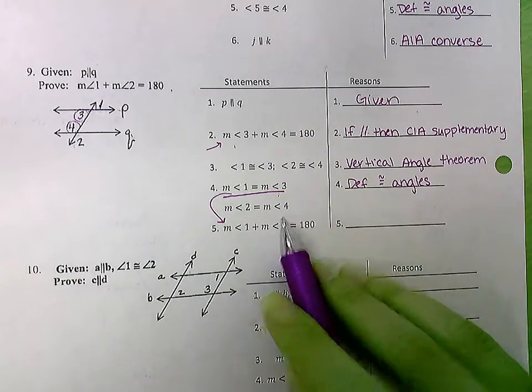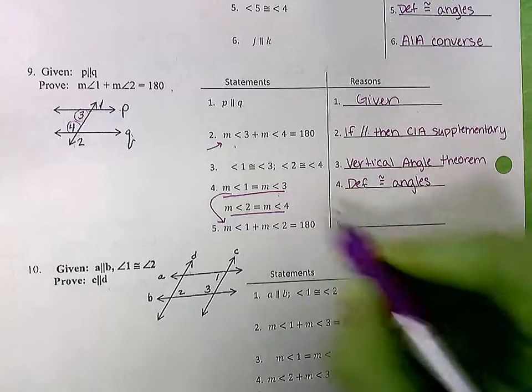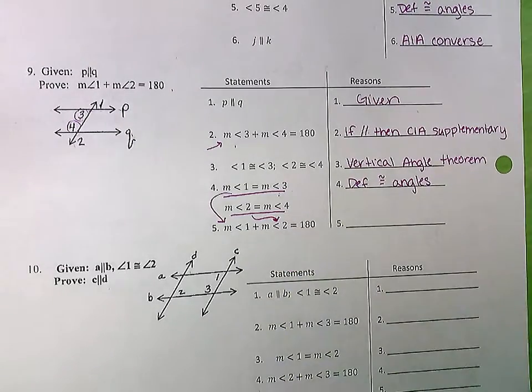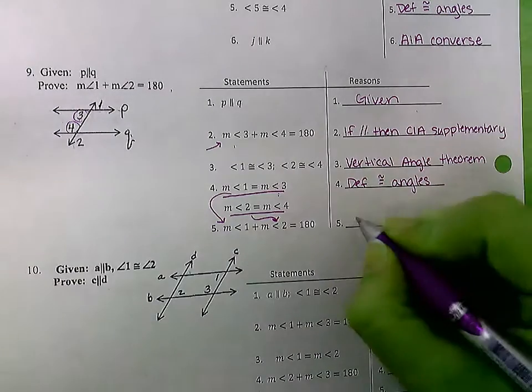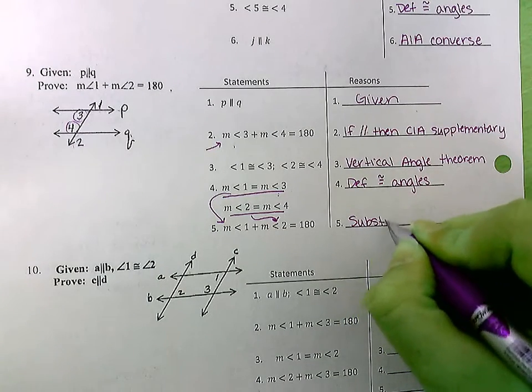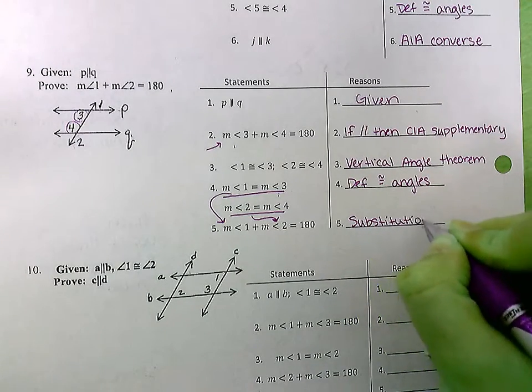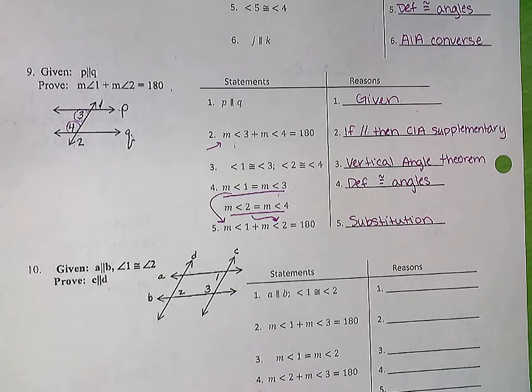And 4 here was equal to 2, so I can replace 4 with 2 in that statement. If I'm replacing something, what is that? Substitution. And then I'd be done with my proof. Questions on number 9?